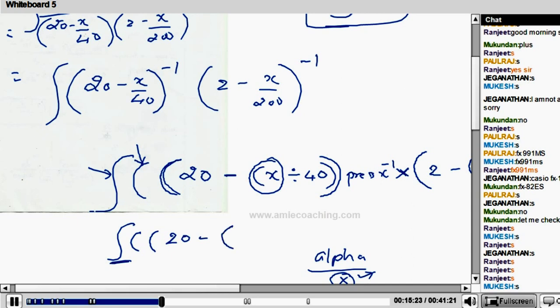Again a bracket you have to open, x divided by 40. Bracket closed and the main bracket is also closed. Up to that, clear?